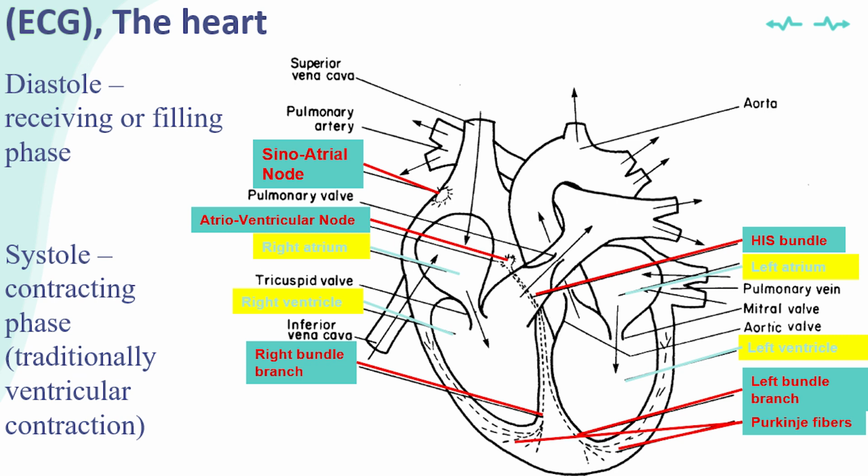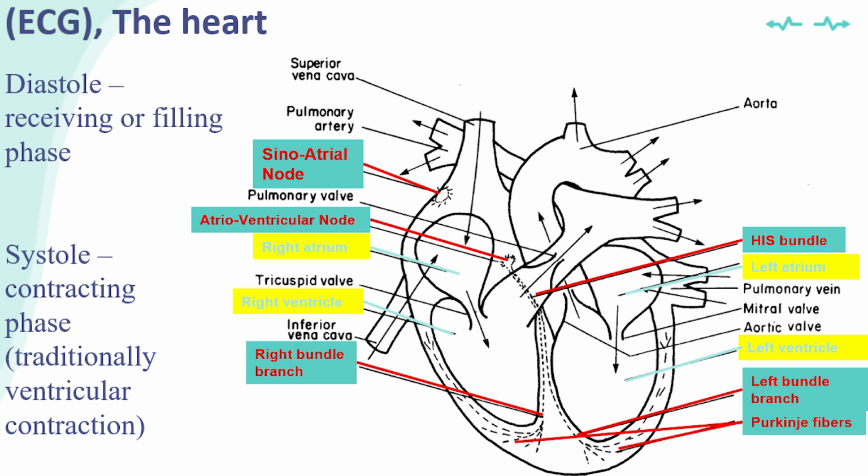Now, let us take a closer look at the right atrium of the heart. The upper wall of the right atrium contains a small bundle of specialized cells that together are known as the sinoatrial node, or simply the SA node.